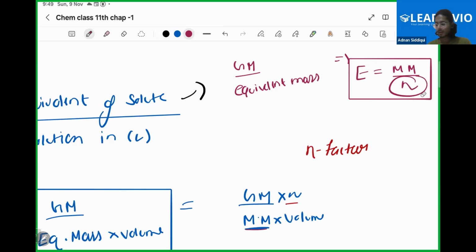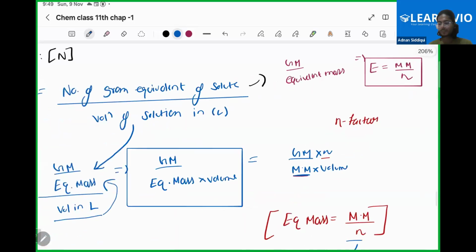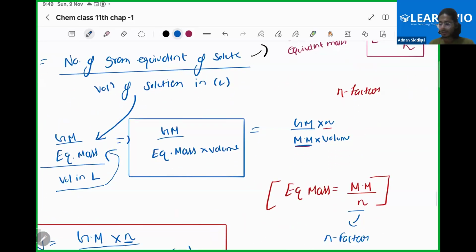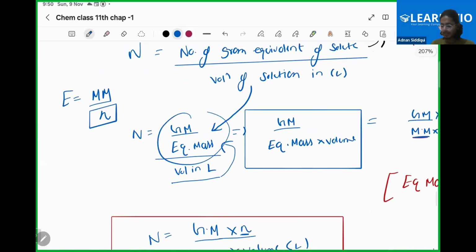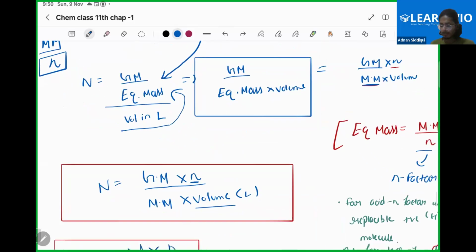Now, the actual thing that is new here is this n. This n is the n factor, which we need to talk about. First, let us use this expanded form in our simple normality formula. Can I write normality like this: given mass upon equivalent mass into volume?